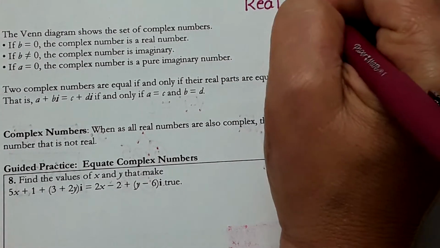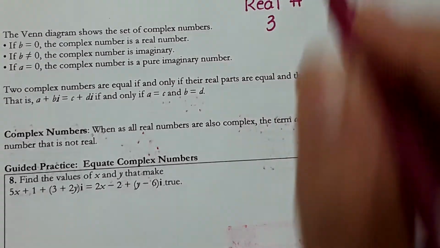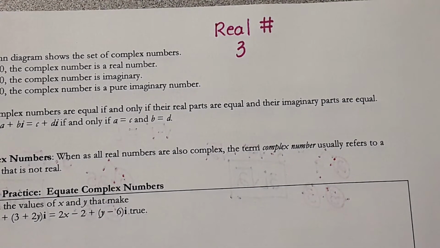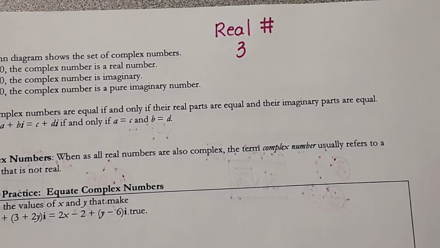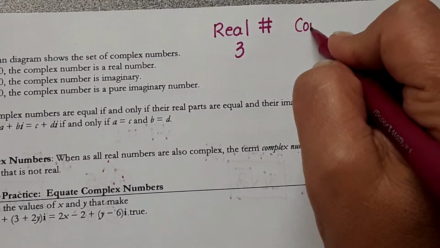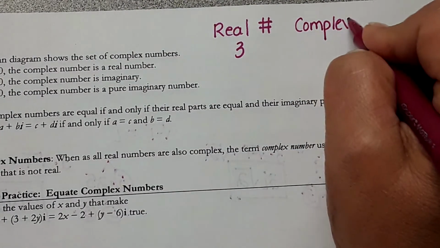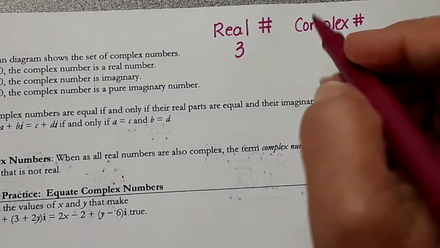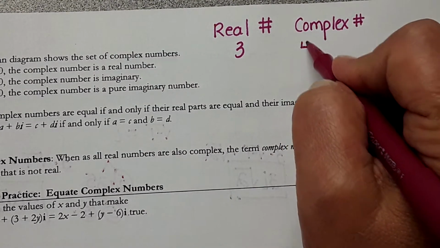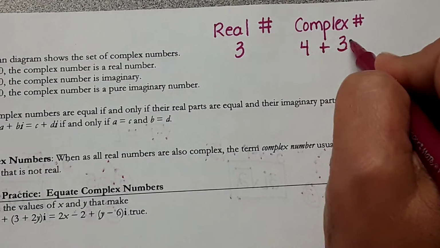So a real number would just be the 3, okay? The real number is just going to be 3. The complex number is going to be a number like 4 plus 3i.